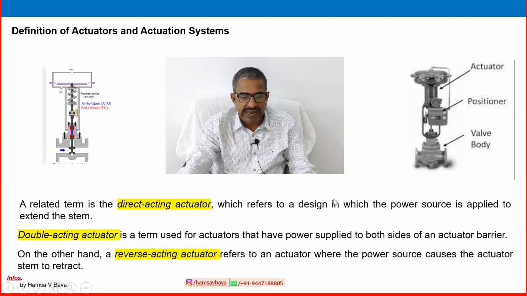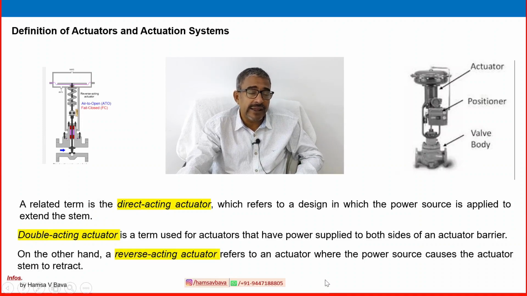On the other hand, a reverse acting actuator refers to an actuator where the power source causes the actuator stem to retract. Here the air is supplied, the actuator is pushing down, and here the air comes in and lifts the stem up. So this is the direct acting and this is the reverse acting actuator. So there are single acting and double acting actuators, direct acting and reverse acting actuators.